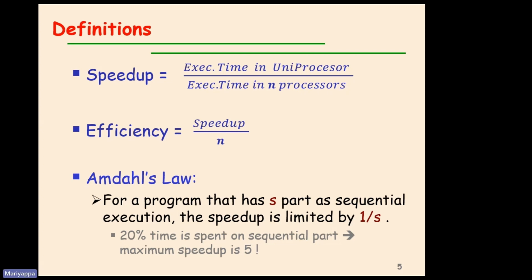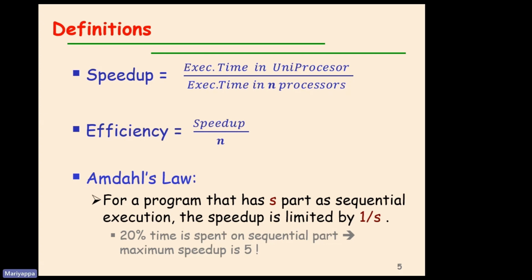Let's say 20% of your program is sequential. Then no matter how many processors you have, no matter how big a system you have, 20% of the time is going to remain as it is. Assume that your program takes 100 seconds. 20 seconds is taken by the sequential part, and let's say that you can somehow reduce the remaining part of your time by using a very, very large number of processors.